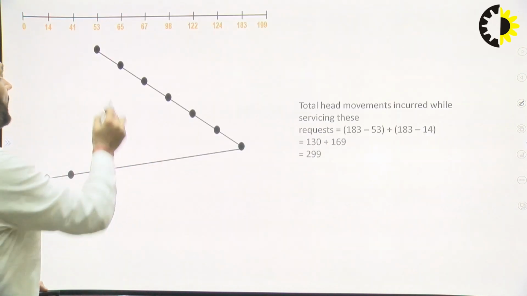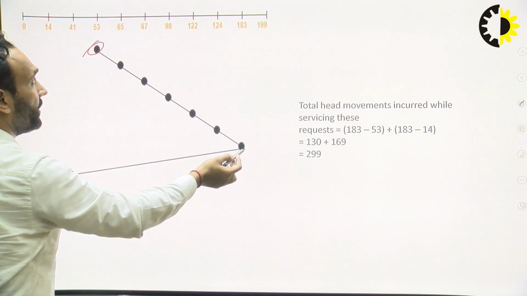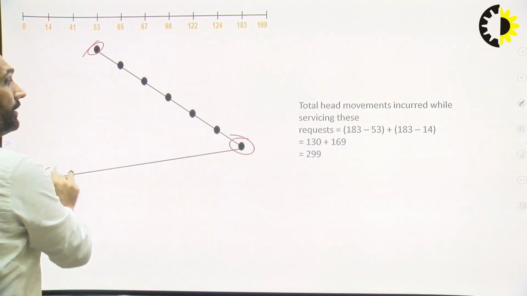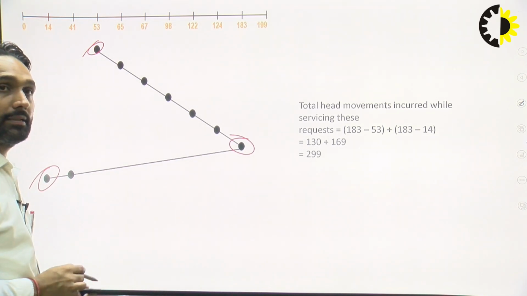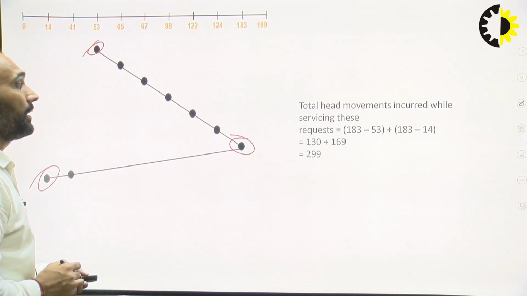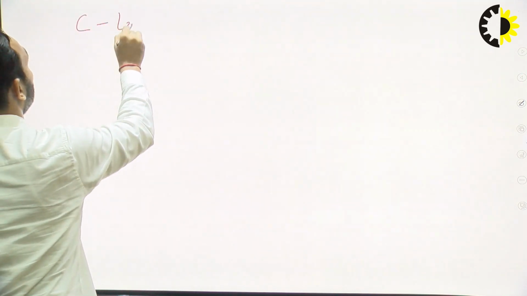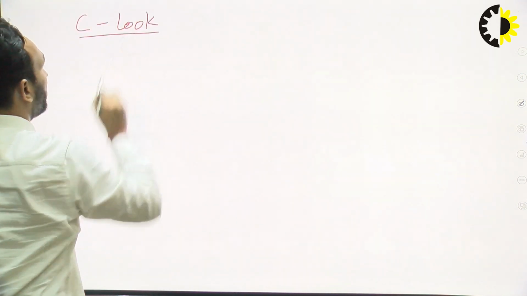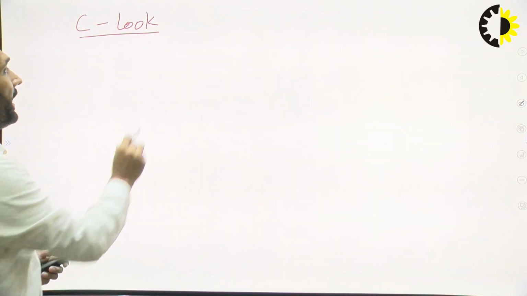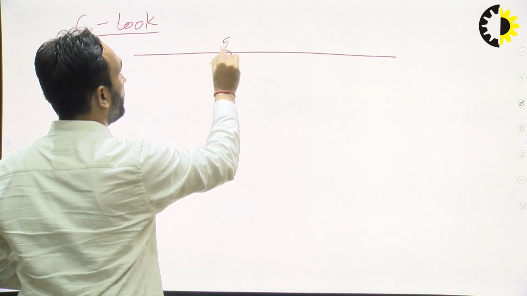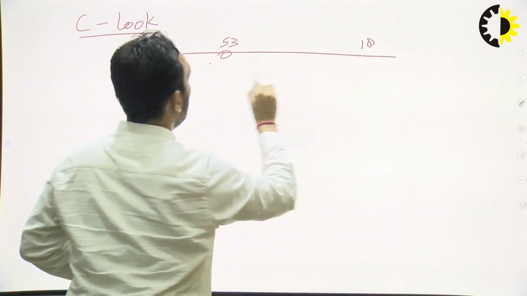It is an example, as we see, that will start from 53 to 183 and it will move till 14, as I discussed in the previous example. Now what is C-LOOK? In this method, at a time the head will move in one direction, like 53 to 183.